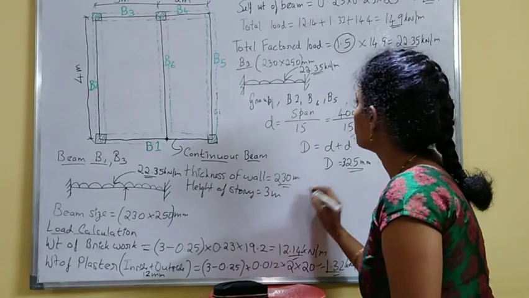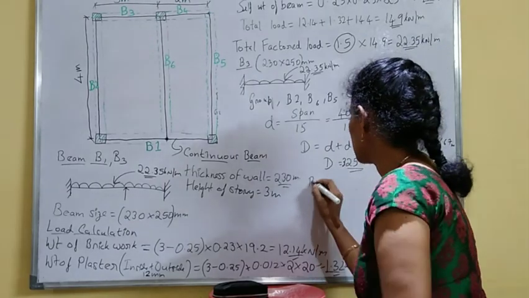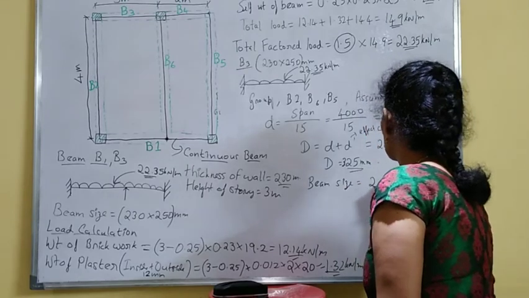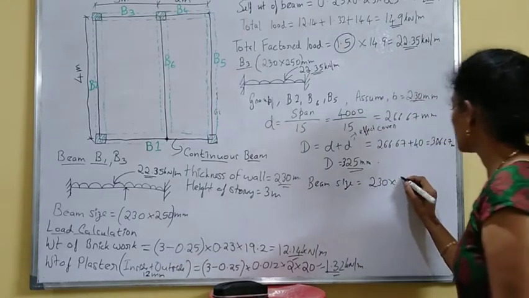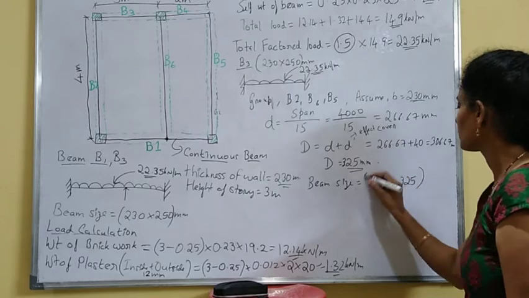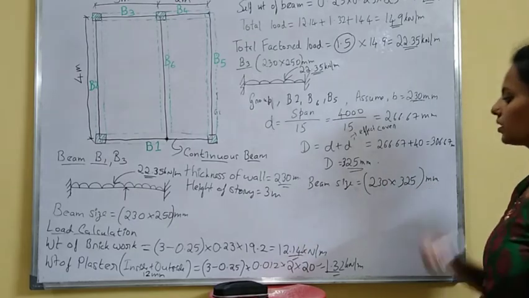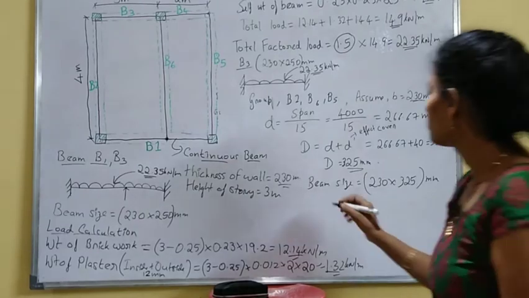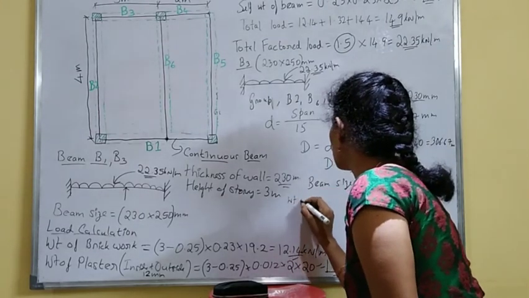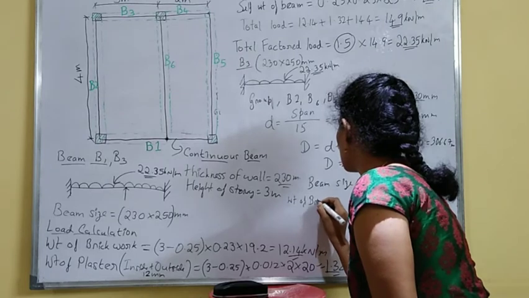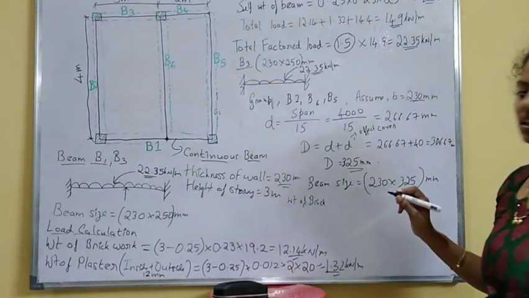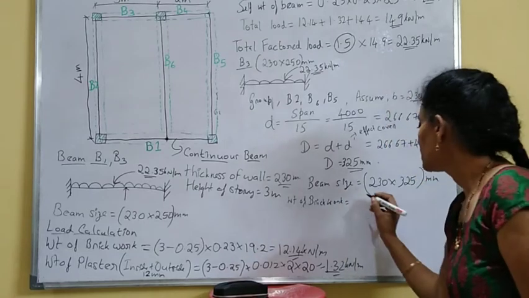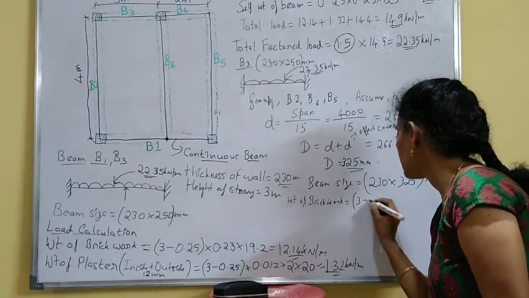Therefore beam size is 230 by 325 mm. Next, similarly you have to calculate. So weight of brickwork: if there is a variation in height, everything will be same, because we are going to minus the depth of the beam.